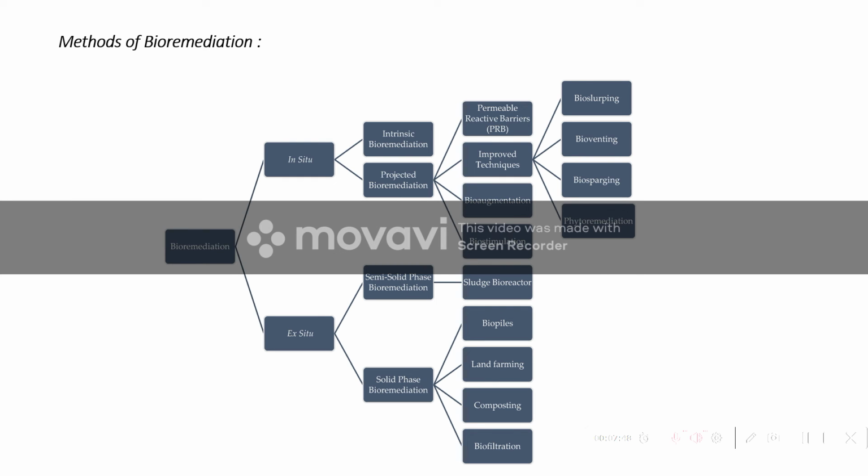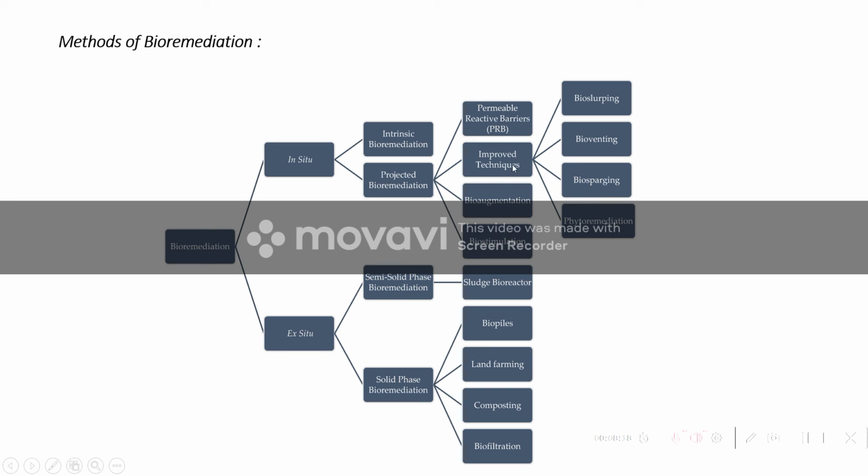Methods of bioremediation. Bioremediation can be divided into two methods, in situ and ex situ. In situ can be divided into two methods further, as in intrinsic bioremediation and projected bioremediation. Projected bioremediation can be divided further as permeable reactive barrier (PRB), improved techniques, bioaugmentation, biostimulation.